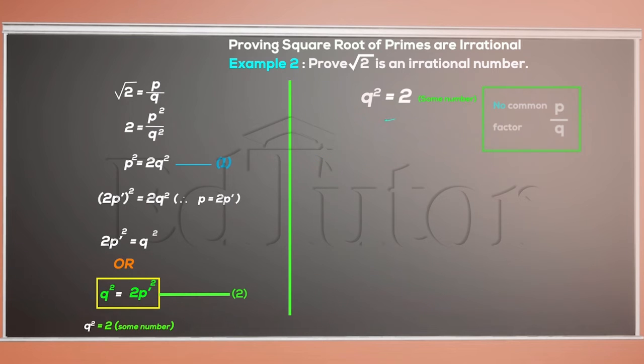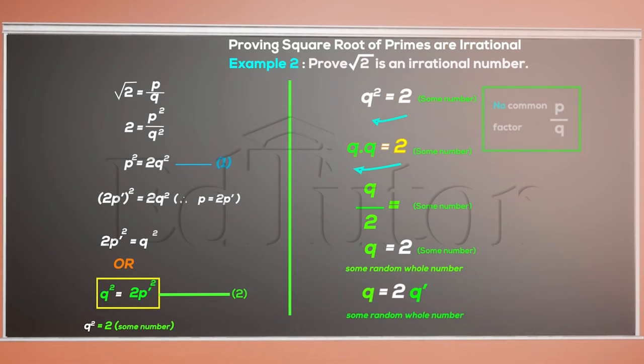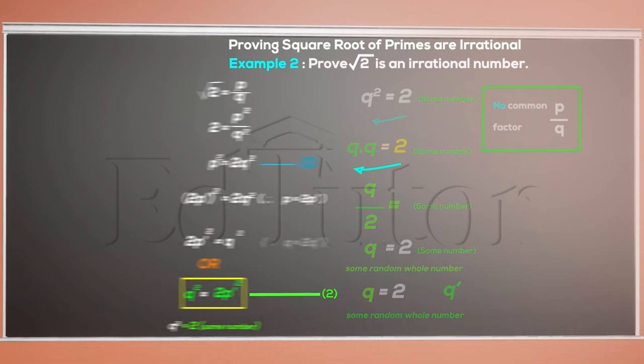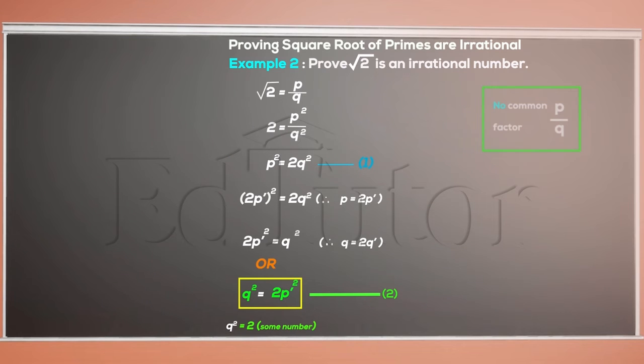And again, by the fundamental theorem of arithmetic, if q squared is divisible by 2, then q is also divisible by 2, which means q is also 2 times some whole number, say q dash. Note this as well and highlight these two equations.